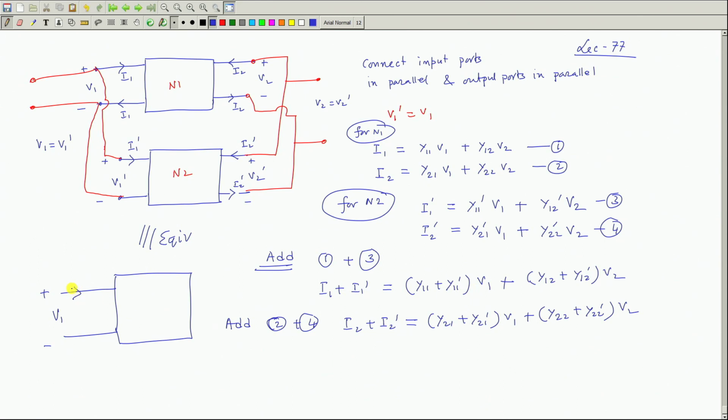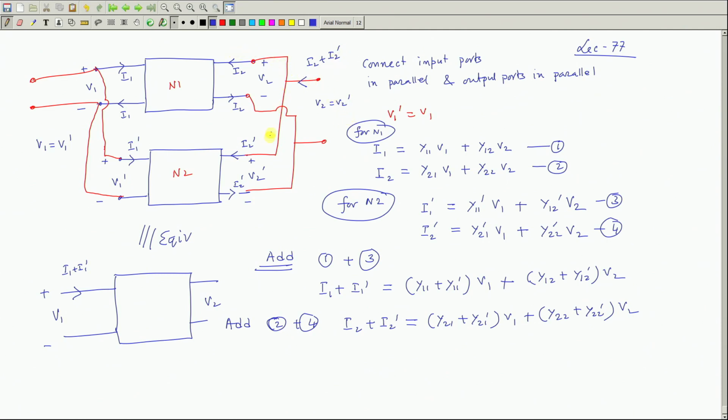Similarly, on this side the voltage will be V 2, and as you can see, this current is I 2 plus I 2 dashed.